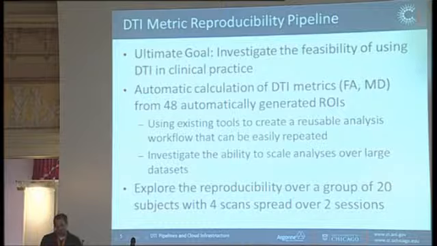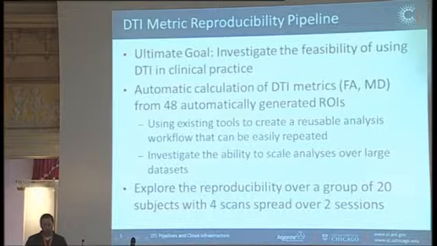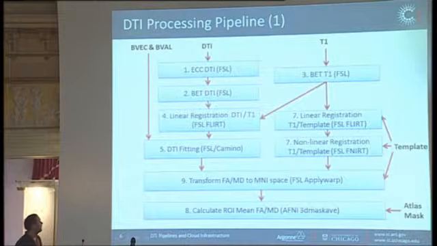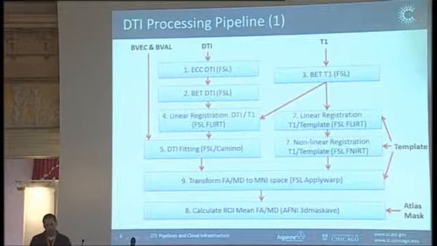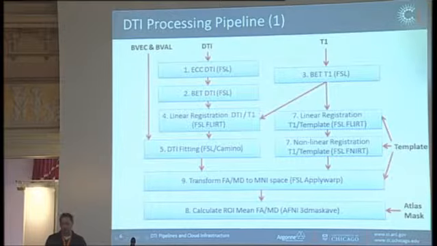So our DTI study, which we're writing a paper on at the moment, explores the reproducibility of 20 subjects with 4 scans, basically using our automated pipelines. So this is one of our pipelines. You'll see that it has the sort of quality control, eddy current correction at the beginning. It does some brain extraction, does linear registration, and then we use DTI fitting with FSL and Camino, which we heard about earlier.